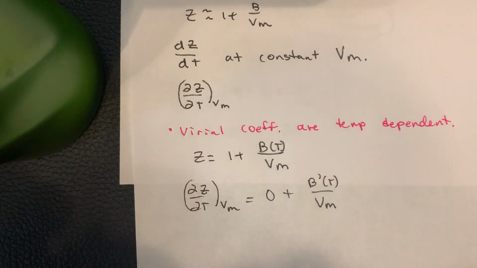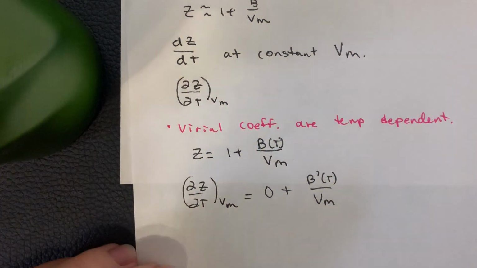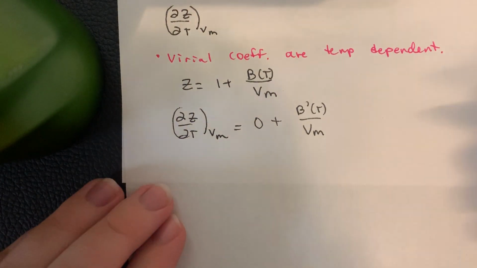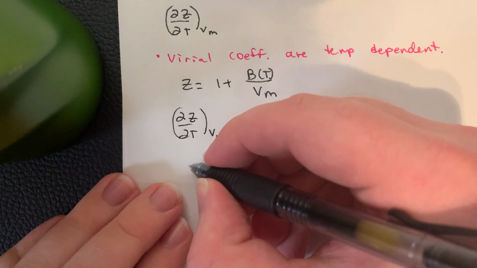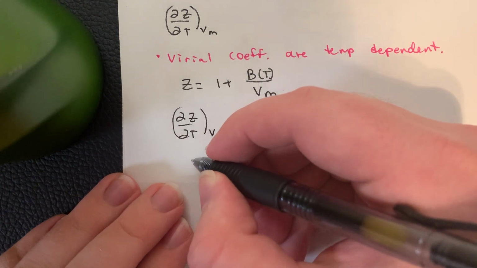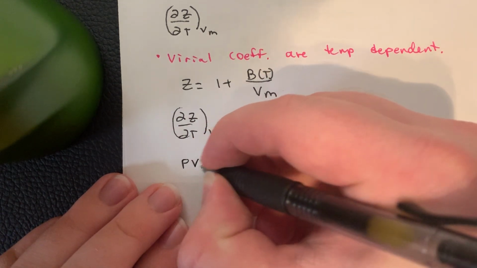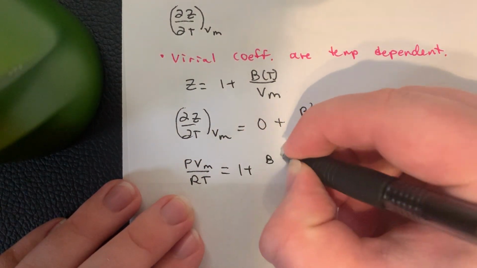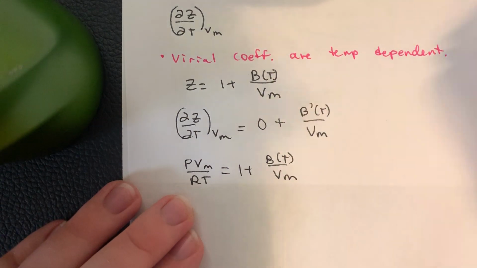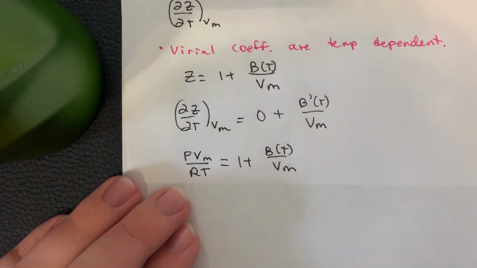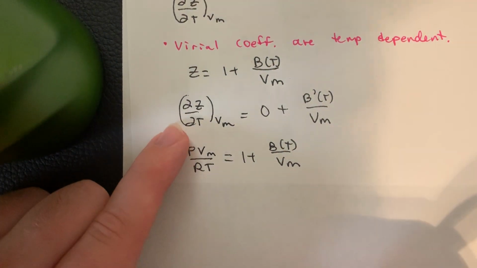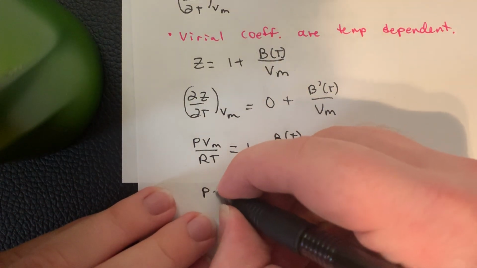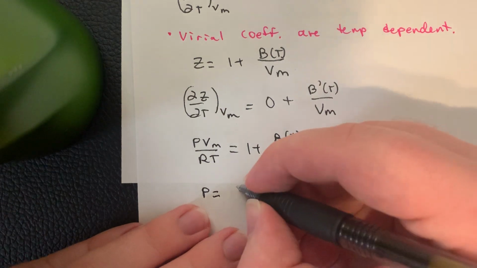Now, if we wanted to do something a little more complex with the virial equations, and we wanted to actually take things a step further and have our PVm over RT is equal to this, and we wanted to find some sort of derivative with respect to temperature, we'd have to be a little more careful.